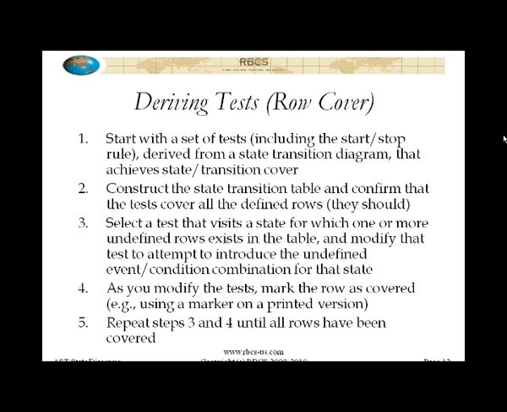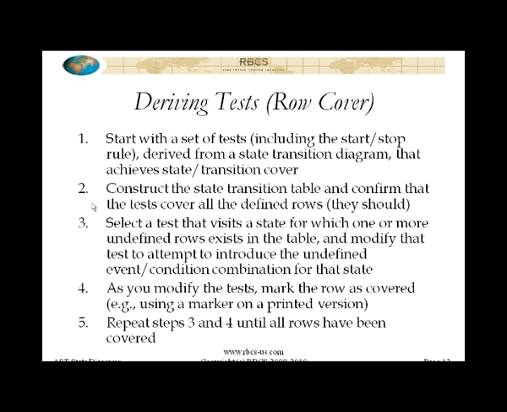So that would lead us to this derivation of tests to achieve row cover. Again, we have a set of tests that we created based on the state transition diagram for the state transition cover, including the start-stop rule. So we've got a place to start here.